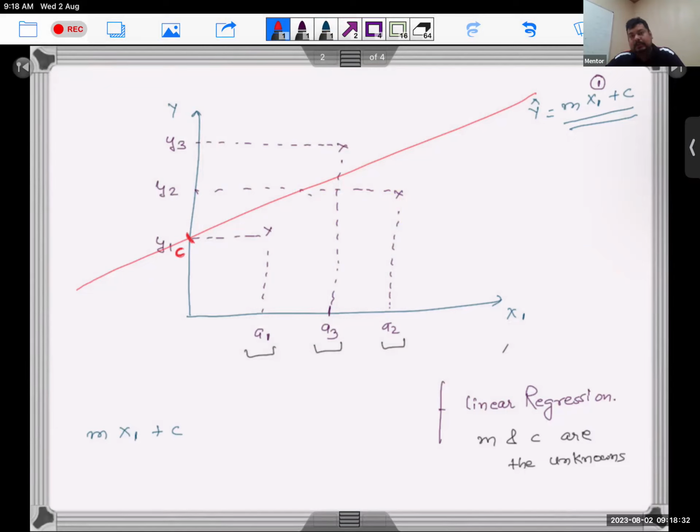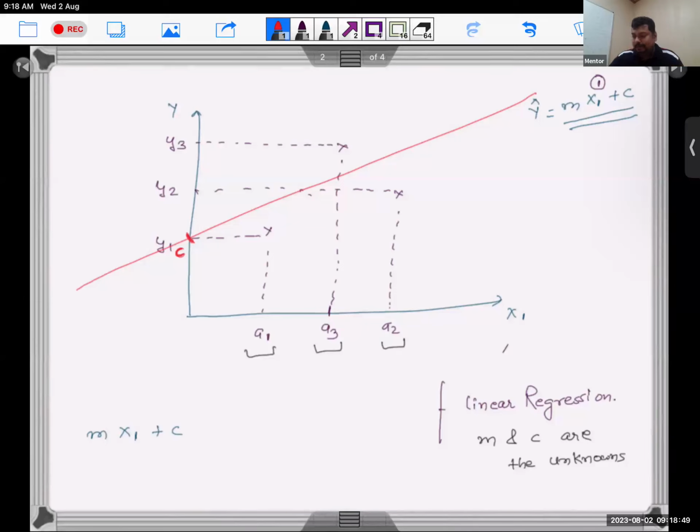When will it be 0? Passing through the origin. So if my line is passing through the origin, which term is 0? C is 0. So you will just have m into x1.